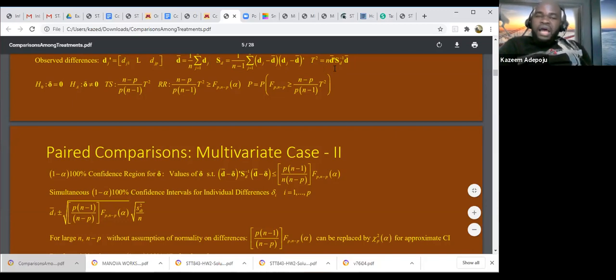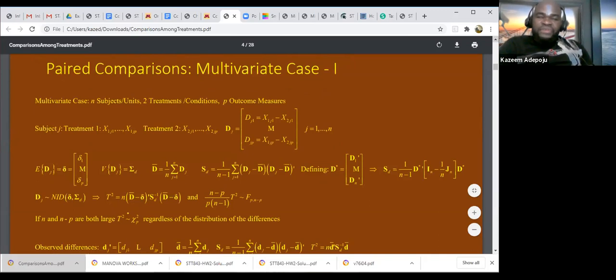If I want to test a hypothesis, the hypothesis that I'm testing right here is that the vector of differences is equal to 0. So the hypothesis that I'm testing here is different from the hypothesis that I'm testing under the univariate case.